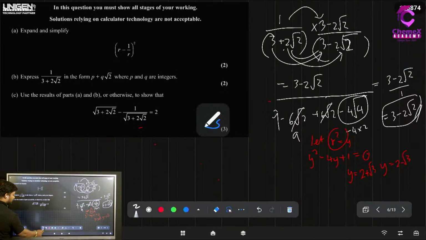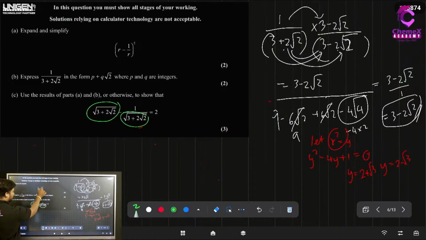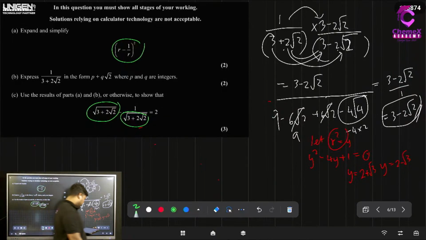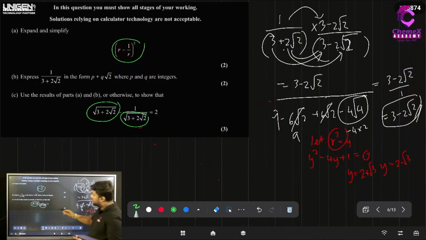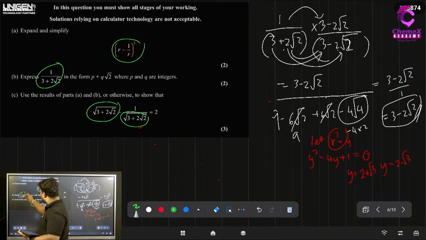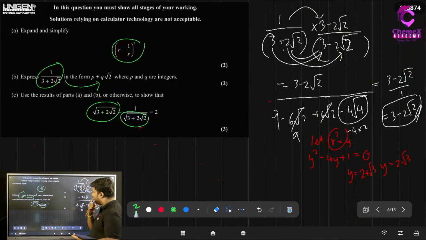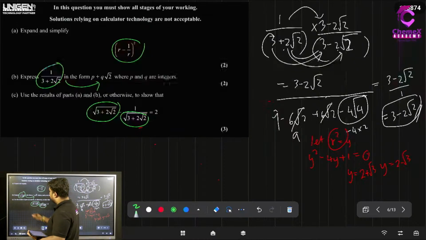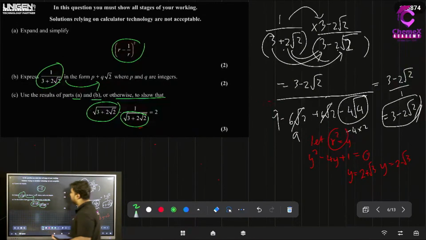Right. So what I did is, in here you have two terms, right? This was the same equation we got previously. And we found that you can write this term here as this. Okay. So now they are asking in the B part, use the results of A and B otherwise to show that this is equal to this. So how can you do that?